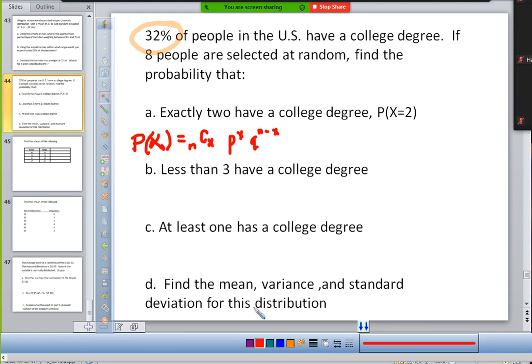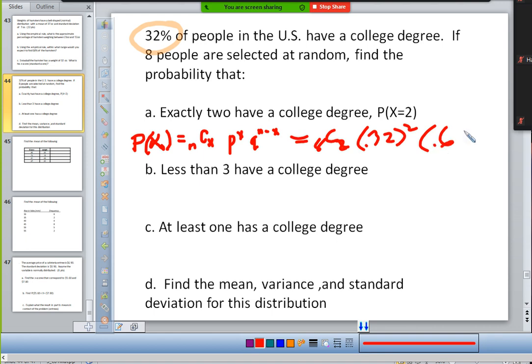So in this case, my n is 8, so 8 choose 2 times 0.32 to the second. My p is 0.32, my q is 1 minus that, so the rest of it.